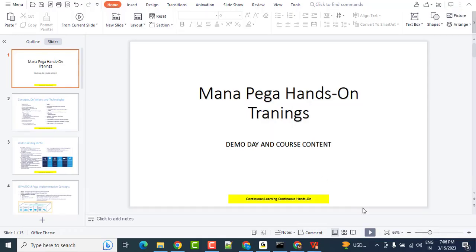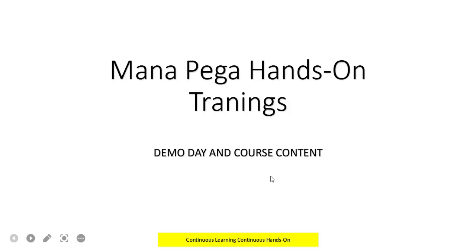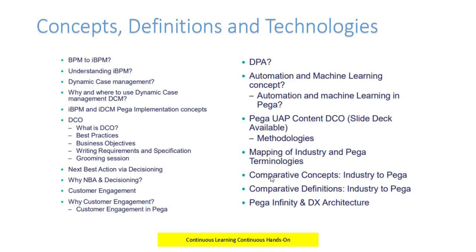In these hands-on trainings, the procedure is that first I will let you know all the details of Pega terminologies. What is BPM, what is dynamic case management, what is DCO, what are the best practices, the business objectives, business consultancies, the agile methodology, sprint planning, what is Scrum, who is Scrum Master, who is Product Owner, what is DPA, and all the common industry terminologies which you have to know.